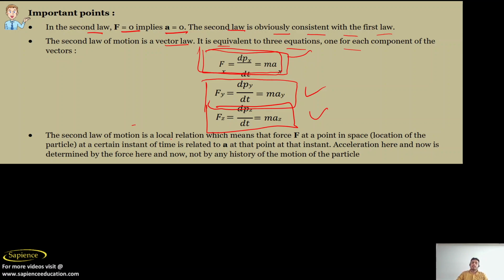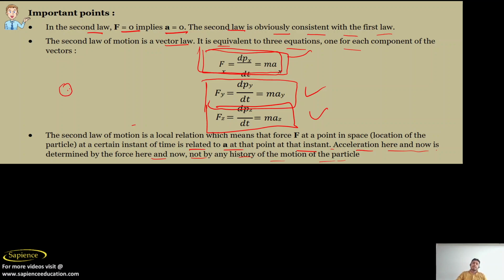The second law of motion is a local relation, which means that the force at a point in space, the location of a particle at a certain instant of time, is related to the acceleration at that point at that instant. Acceleration is determined by the force now, and not by any history of the motion.